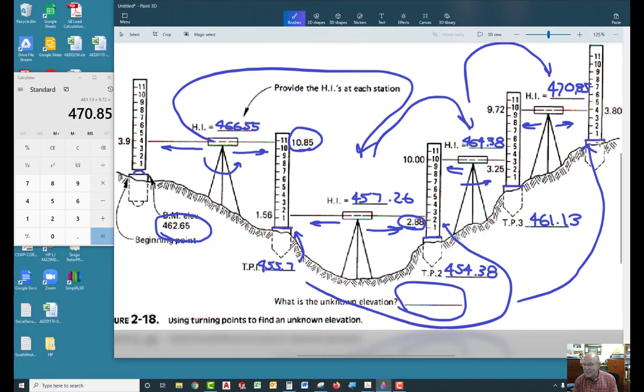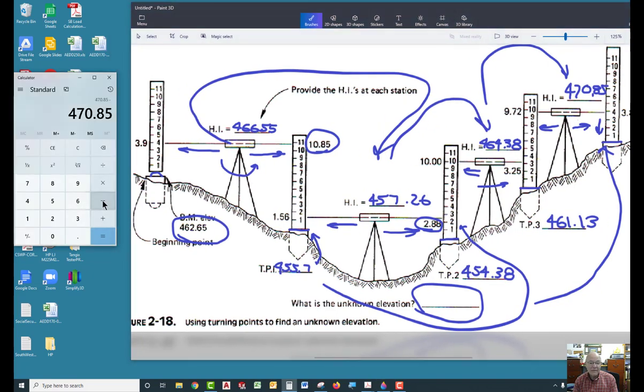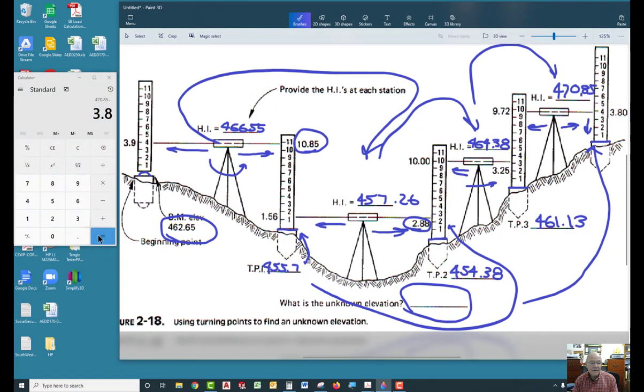That means that the elevation of that point is 3.8 feet below the height of instruments. We go back over here, subtract 3.8. Make sure you can see all that. What does that equal? And then the answer down here is going to be 467.05.